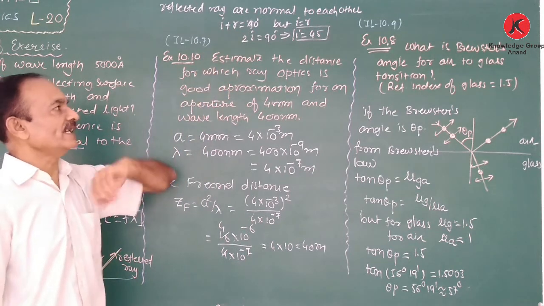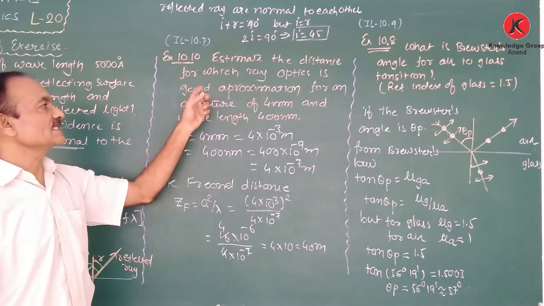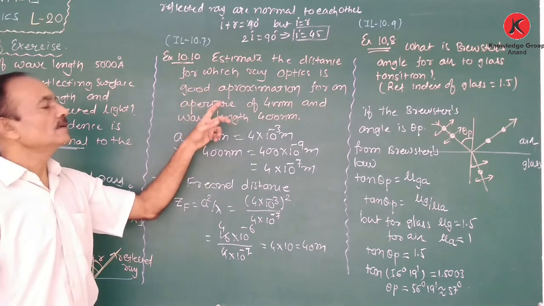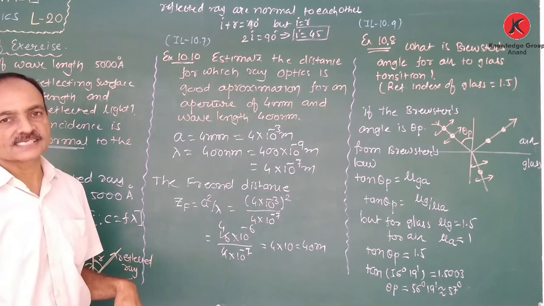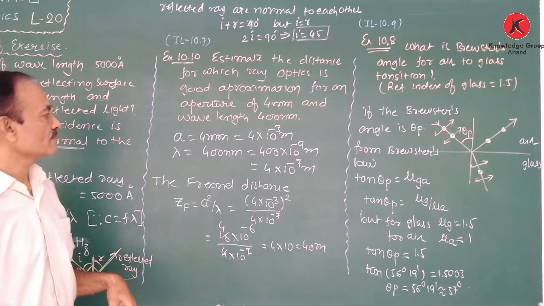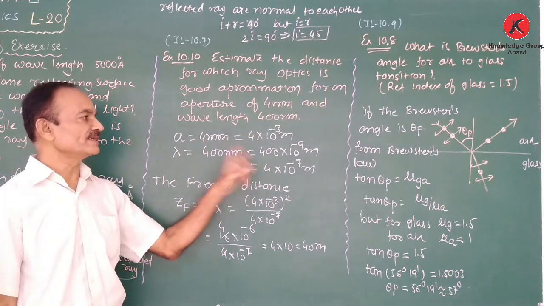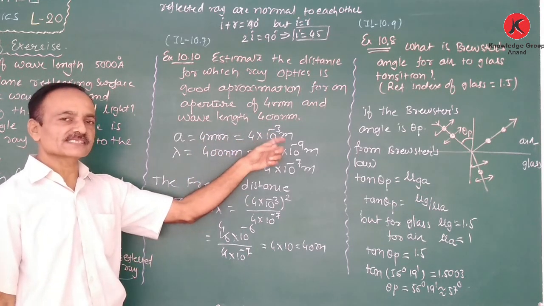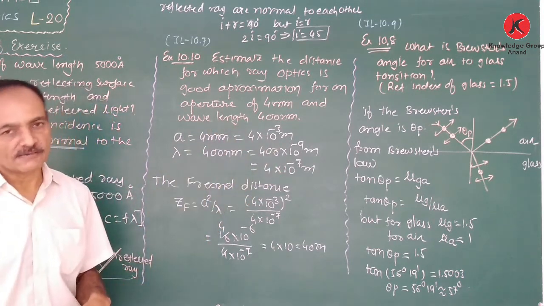Again, in 10.10, estimate the distance for which ray optics is a good approximation. The given aperture is 4 mm and the wavelength is 400 nanometer. So we convert aperture and wavelength into meter: 4 into 10 to the power minus 3 meter aperture, and the wavelength is 4 into 10 to the power minus 7 meter.